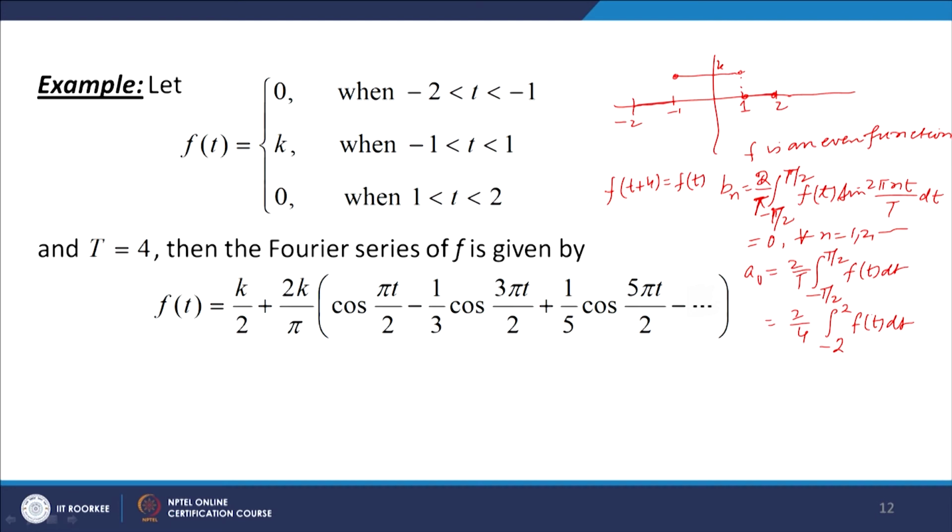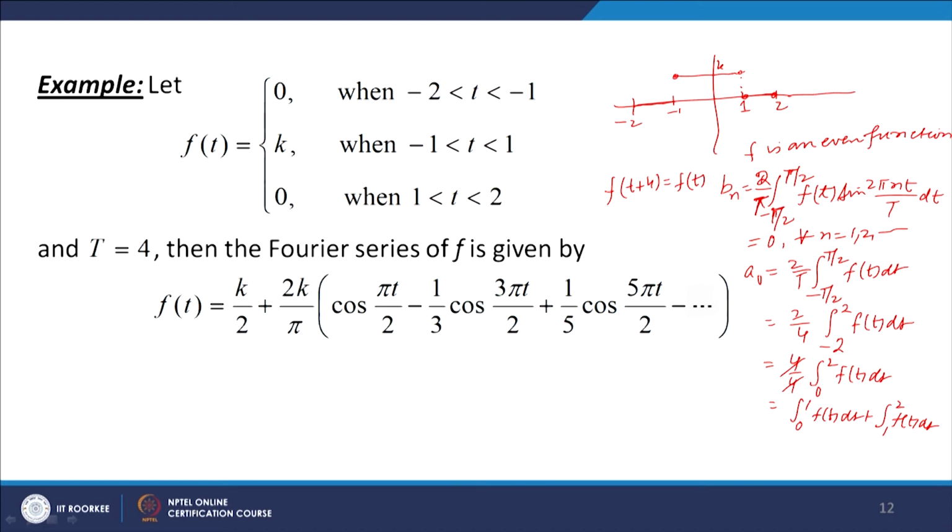Since f is an even function, I can write it as 2 times the integral from 0 to 2. So, that means 4 over 4 integral from 0 to 2 of f(t) dt, and 4 by 4 is 1. So, we get integral 0 to 1 of f(t) dt plus integral from 1 to 2 of f(t) dt.